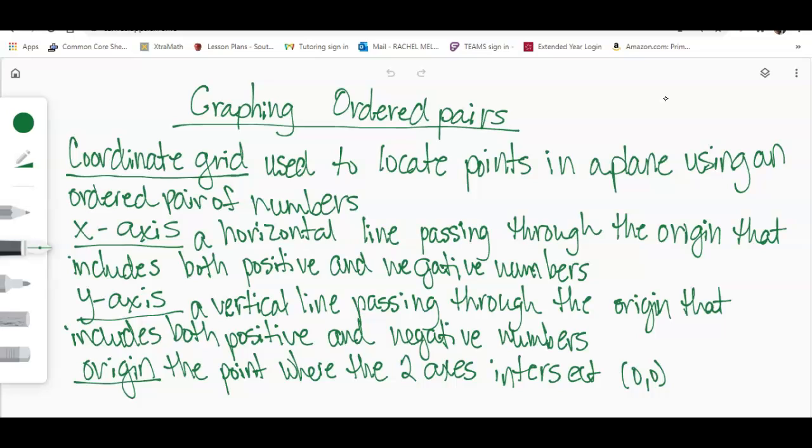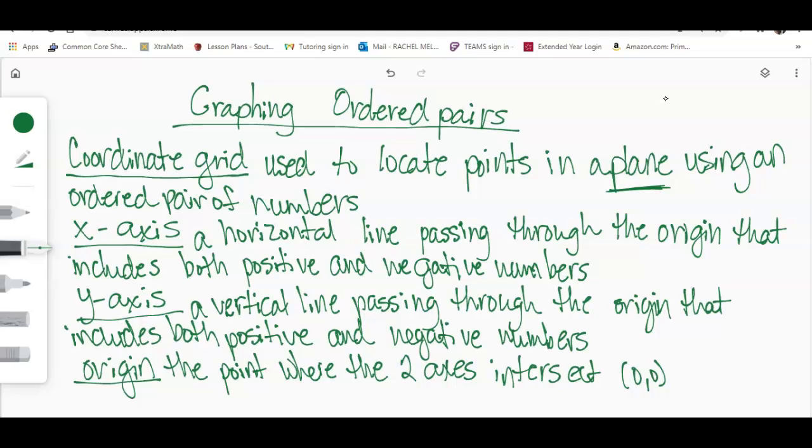Okay, so the first word that we're going to talk about is coordinate grid. A coordinate grid is used to locate points in a plane using an ordered pair of numbers. Now, this word plane is not like an airplane. Remember, every word has multiple definitions, right? When they say plane here, they really just mean a flat surface.